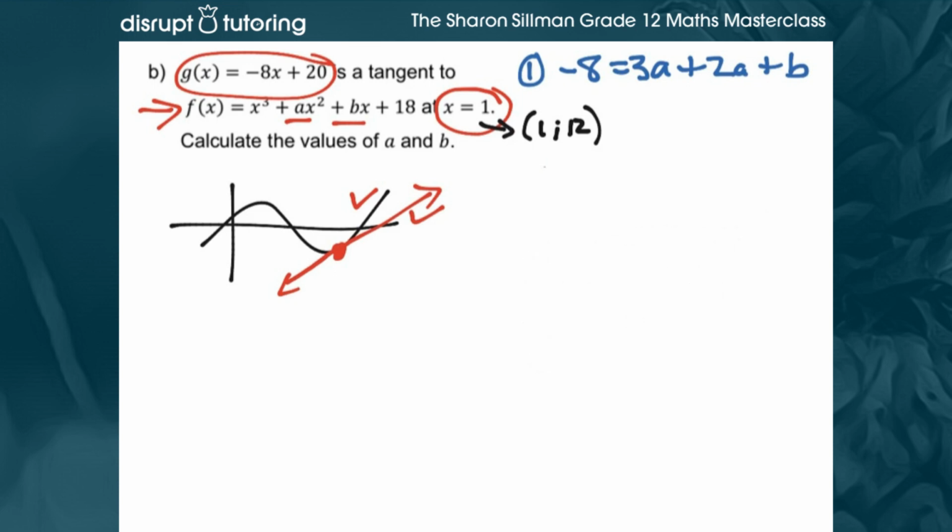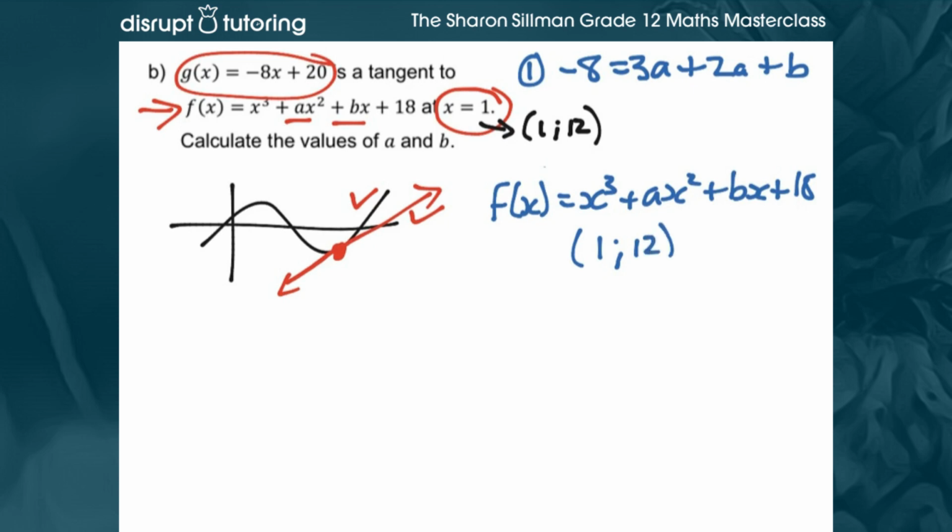So let's now use that idea to make our second statement. We have our function, and we know that the point 1, 12 lies on there. So the 12 is the y value, and 1 is the x value.